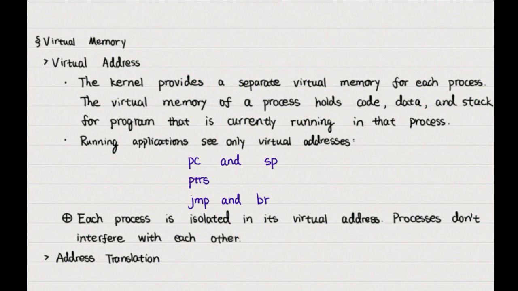When a process tries to load or store to an address, the data is loaded from or stored to a physical address. However, because running applications see only virtual addresses, they need to be translated to physical addresses.